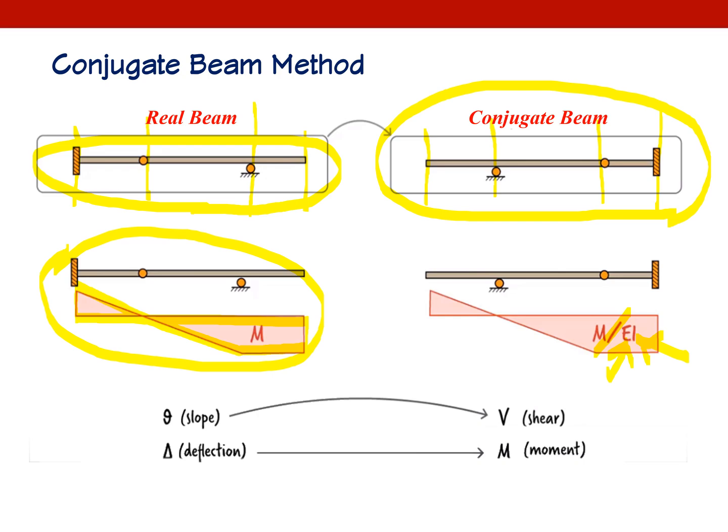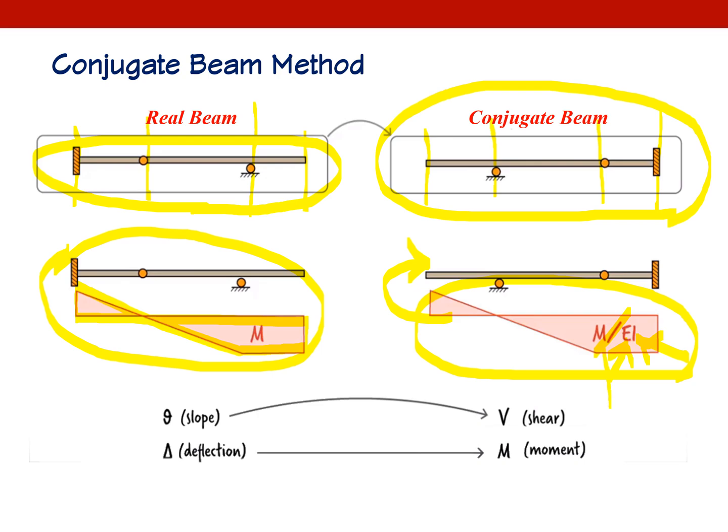So the shape is exactly the same, but not actually exactly the same. They are similar. But M over EI is a lot smaller than the M value.